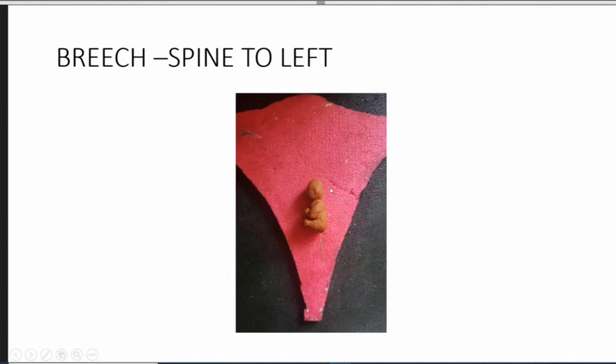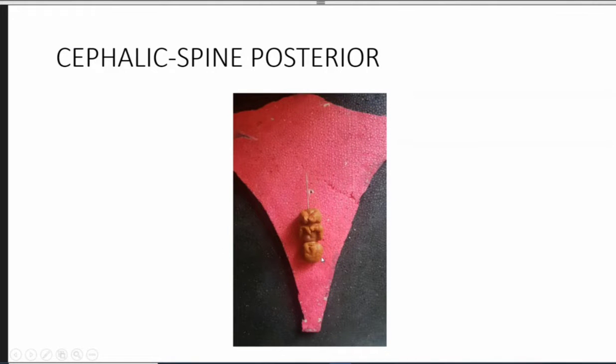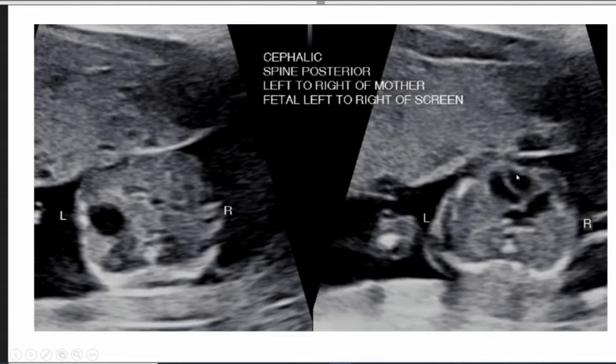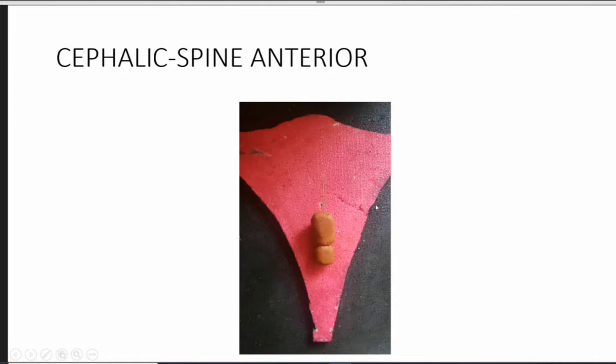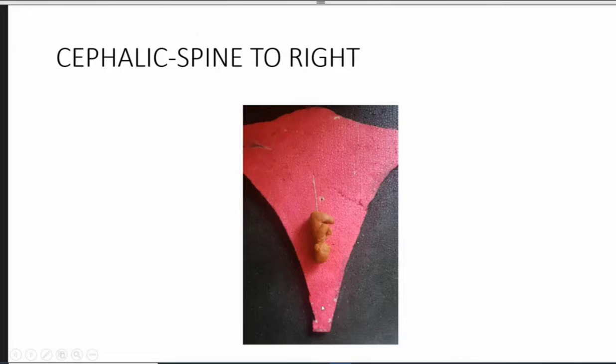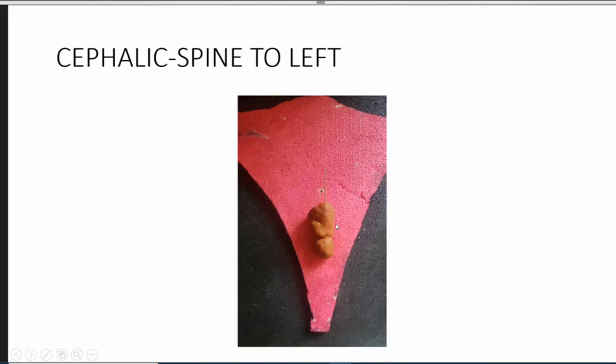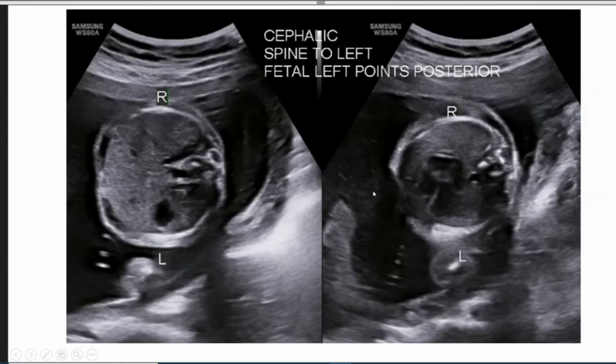When it is breech and spine to the left, the cardiac apex points anterior. When it is cephalic, spine posterior, apex points anterior. When it is cephalic and spine anterior, the cardiac apex points posterior. When it is cephalic, spine to right, the apex points anterior. When it is cephalic, spine to left, the apex points posterior.